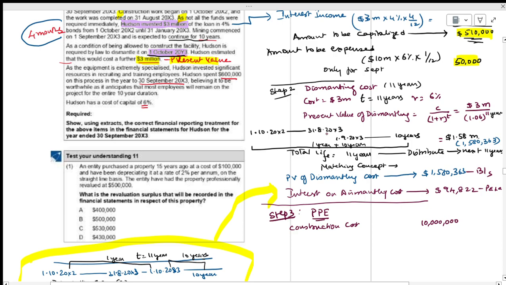Next, borrowing cost is how much? Step 2. We have written in the balance sheet. Borrowing cost is 510.